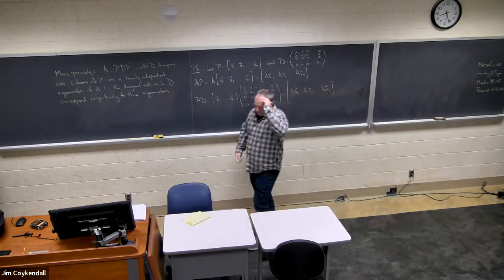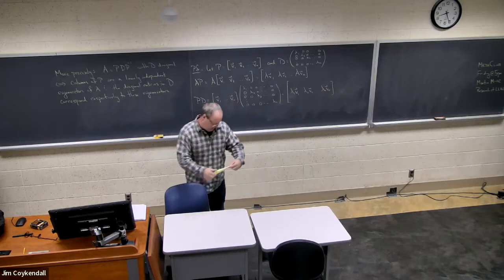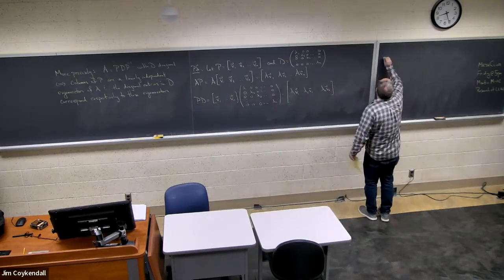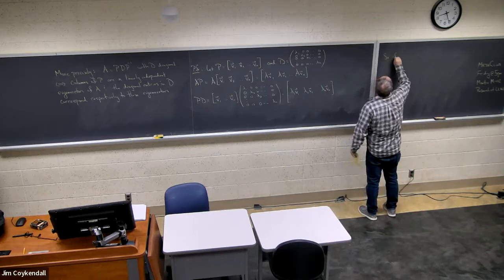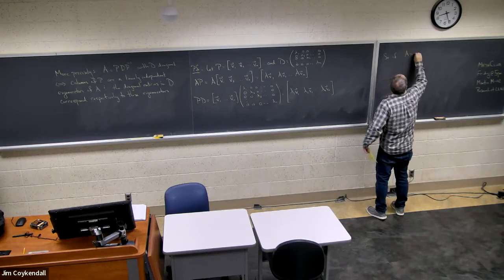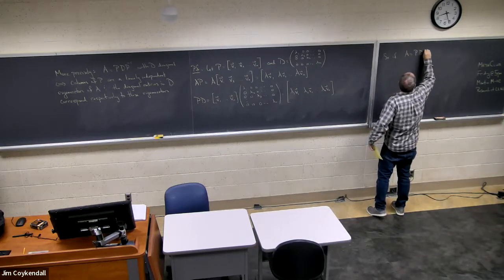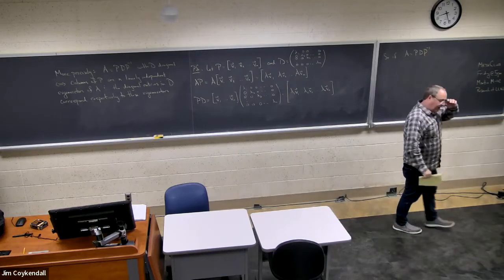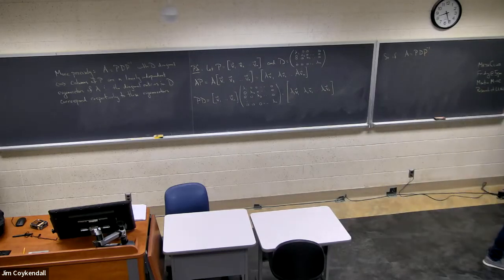Well, I've sort of set you up here. We're doing this computation. Let's say that A equals PDP inverse. That is to say, let's suppose that A is diagonalizable.